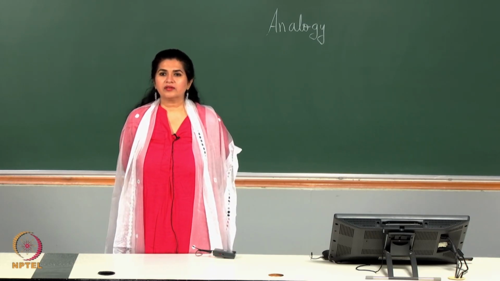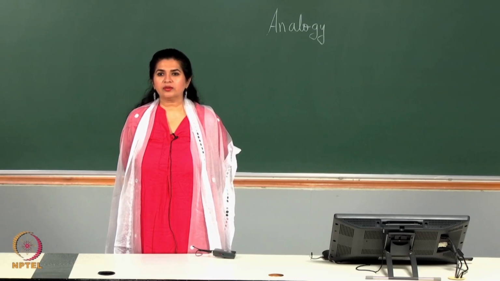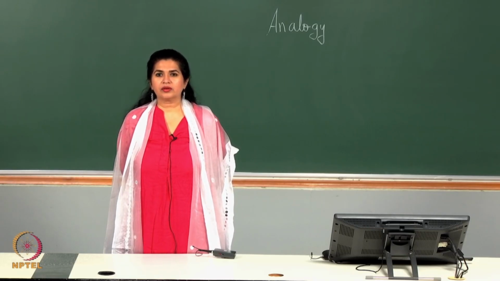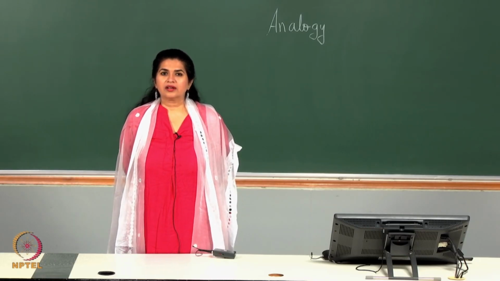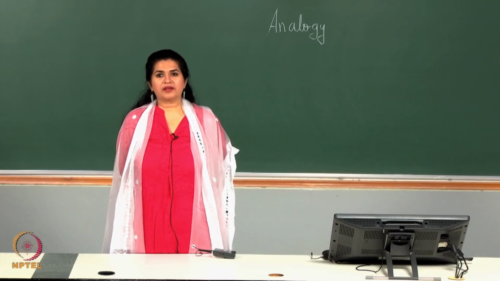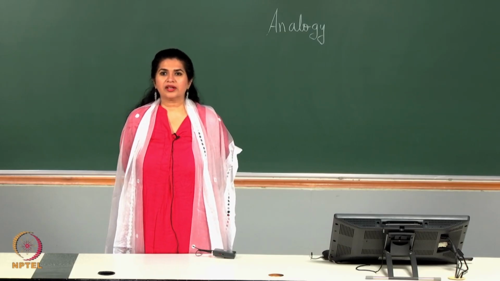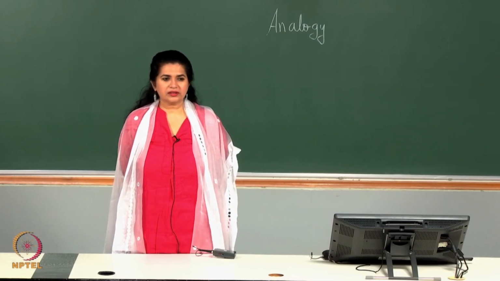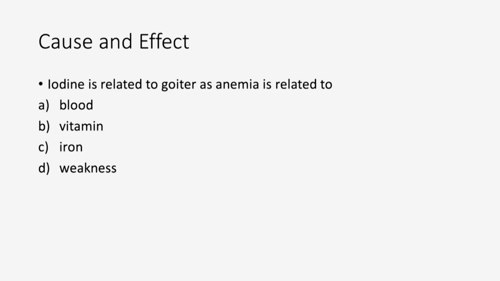Now, we will talk about various types of relationship between different sets of words. We will talk about cause and effect. Let us look at this particular slide. Iodine is related to goiter as anemia is related to blood, vitamin, iron, weakness.